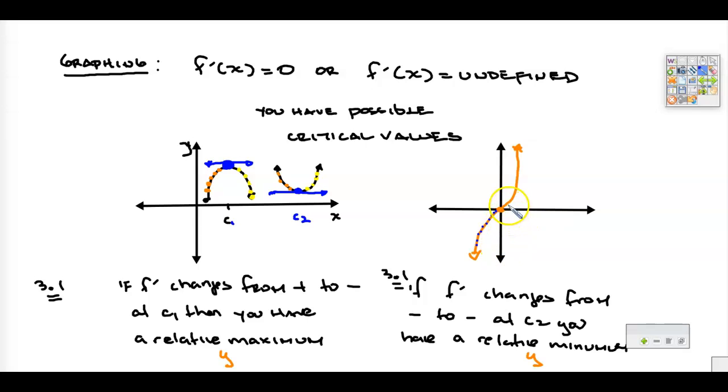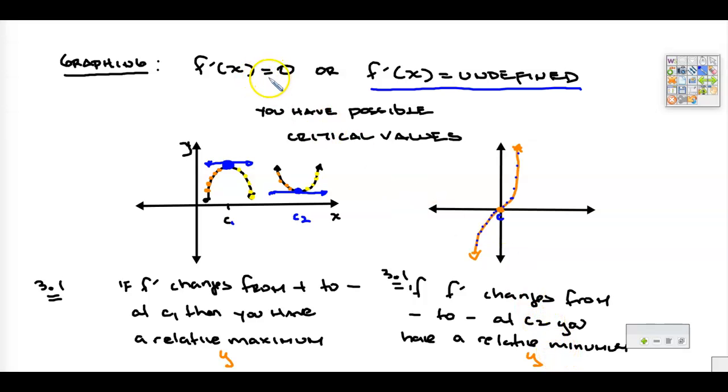Here, at this value of C, they're positive, positive, positive. This will be an example that a critical value will yield an undefined slope. And because there is no sign change in the first derivative, therefore that critical value will not have a relative minimum or a relative maximum.